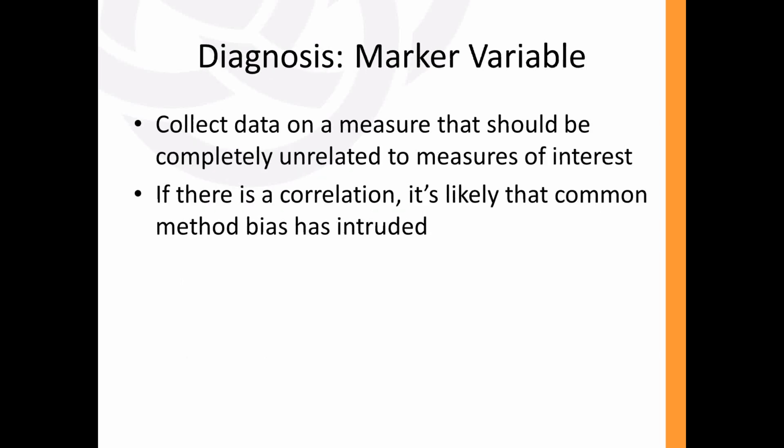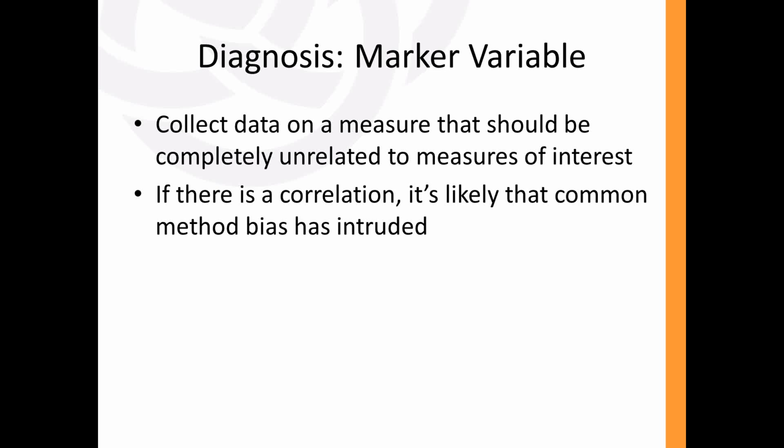Okay, next up we've got marker variables. I mentioned these earlier. This is a technique where you have a variable that has been established as being completely unrelated to the measures of interest that you're actually looking to analyze. So it should not be correlated significantly with your measures.